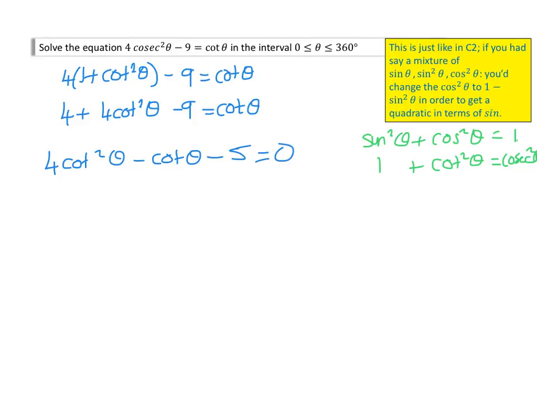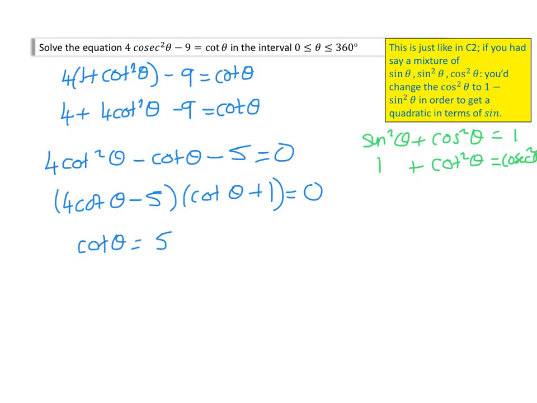Now I can factorise that quite easily. You can use a calculator if you like at this stage, or you might just want to show your working out, but you can use a calculator to get your solutions. So 4 cot theta minus 5, and cot theta plus 1 equal to 0. And from here I can say either cot theta will equal 5 over 4 or cot theta will equal minus 1.